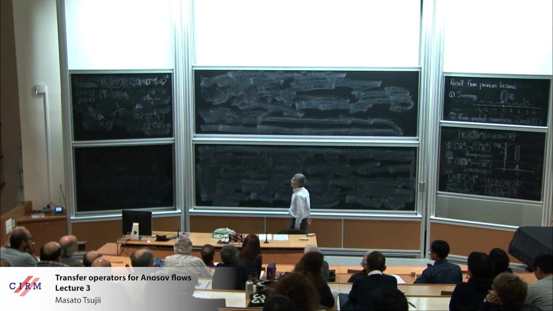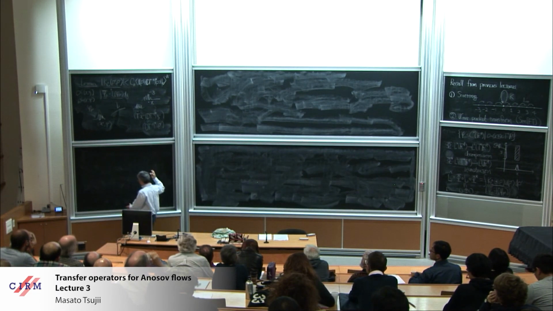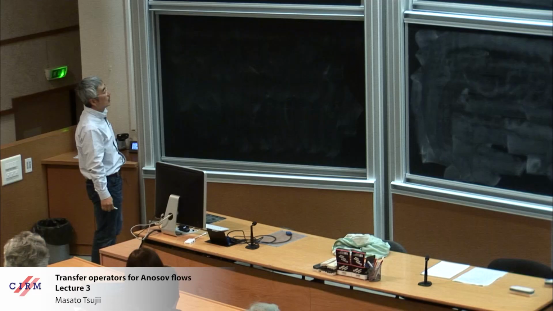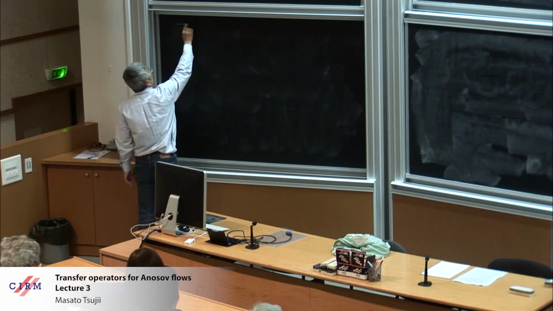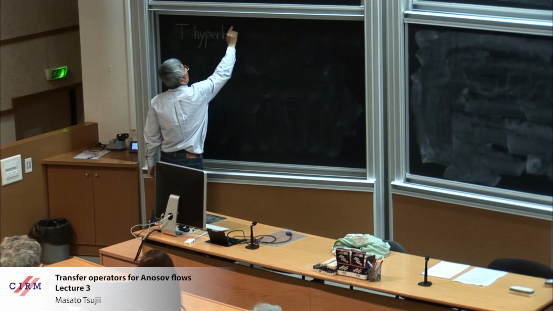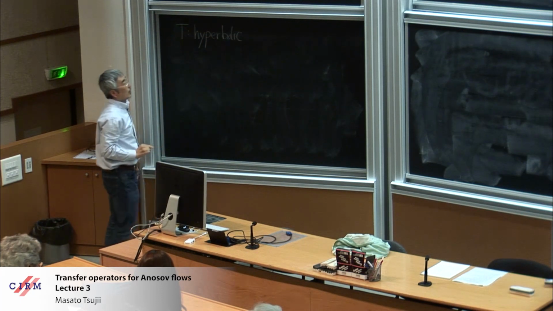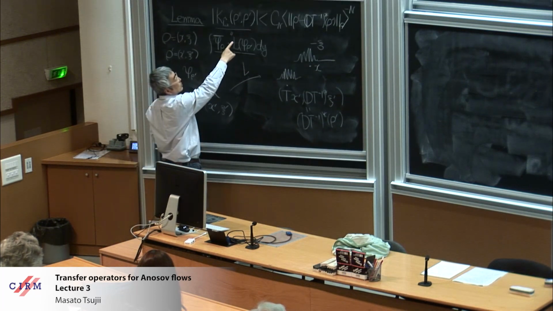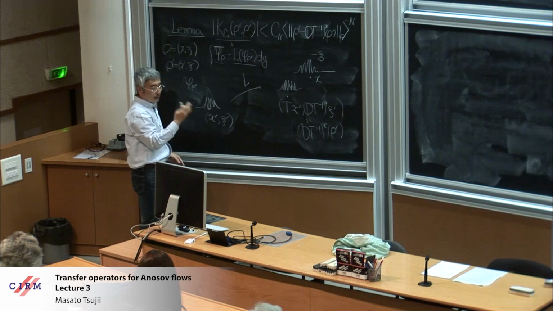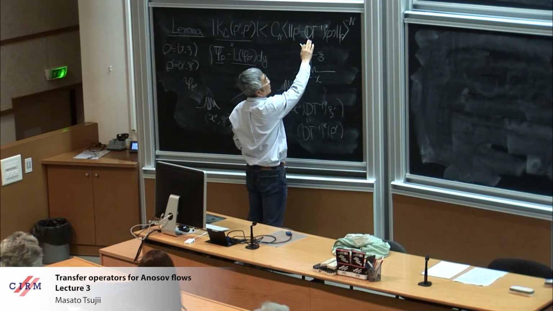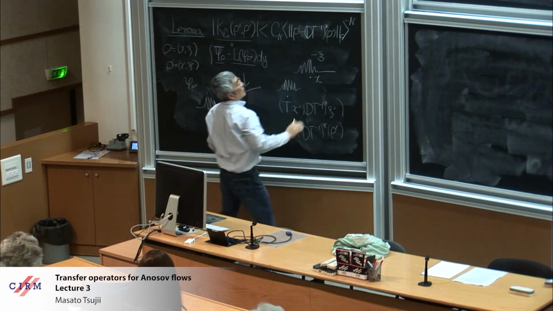But let me restrict myself to the Anosov diffeomorphism, and suppose that T is hyperbolic. I want to emphasize that this gives a relation between the operator L hat and the action of T on the cotangent bundle.